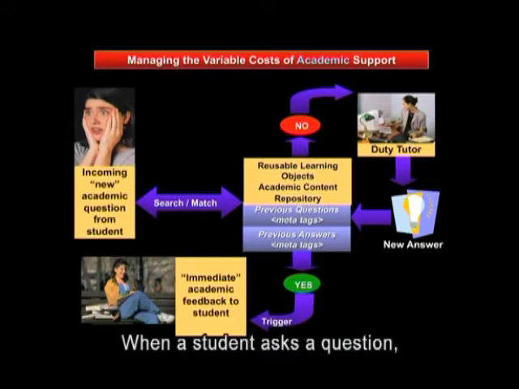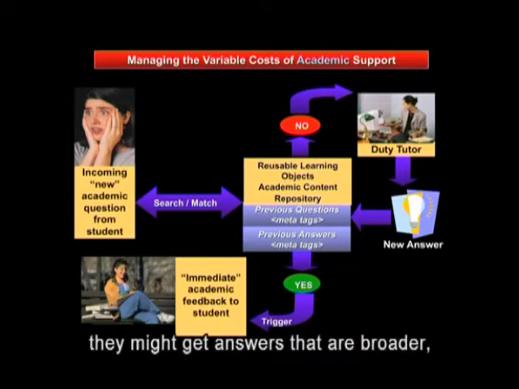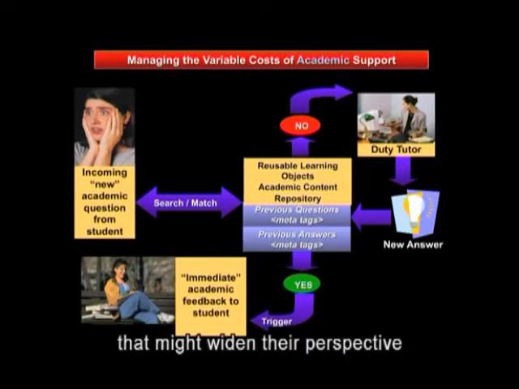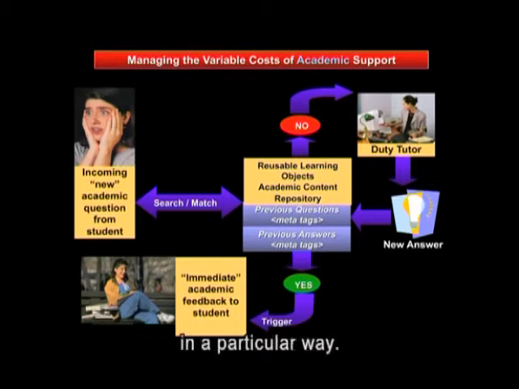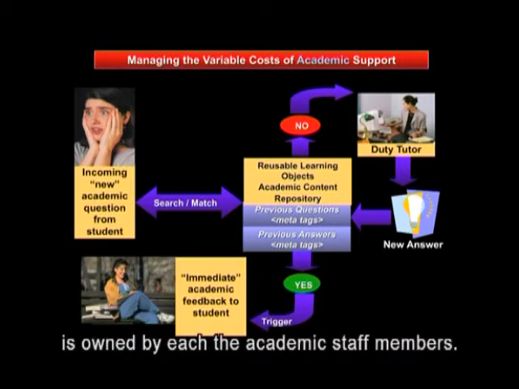And when a student asks a question, they might get answers that are broader, that might widen their perspective on the question they have. And we have quality control on this database. The reusable learning objectives are owned by each of the academic staff members.